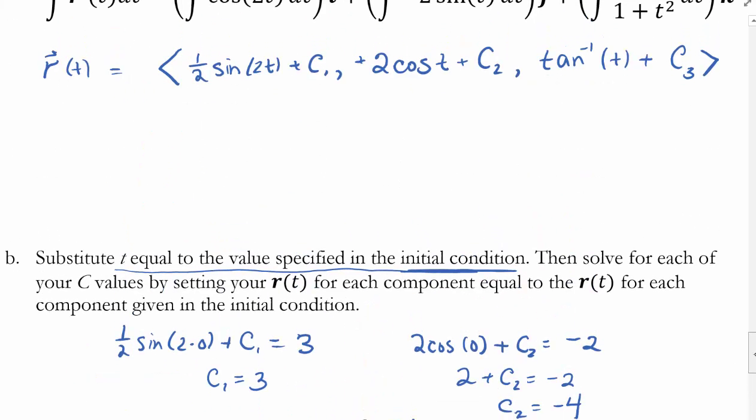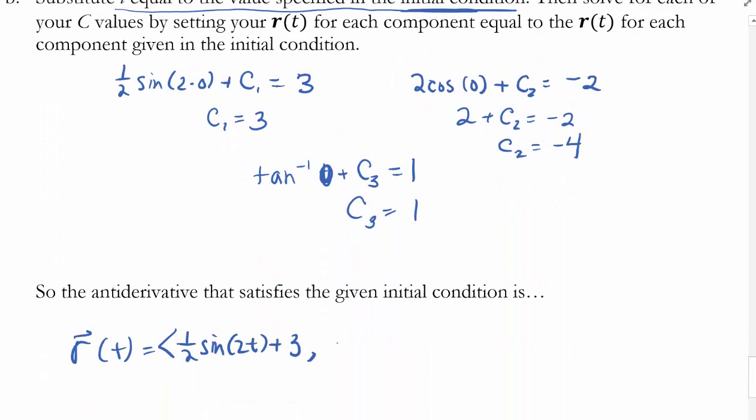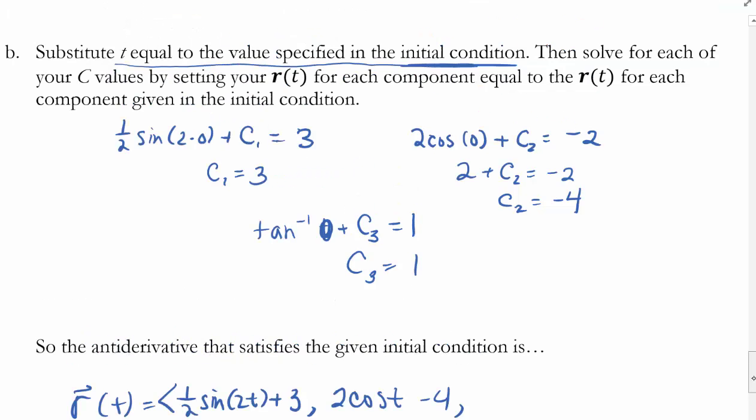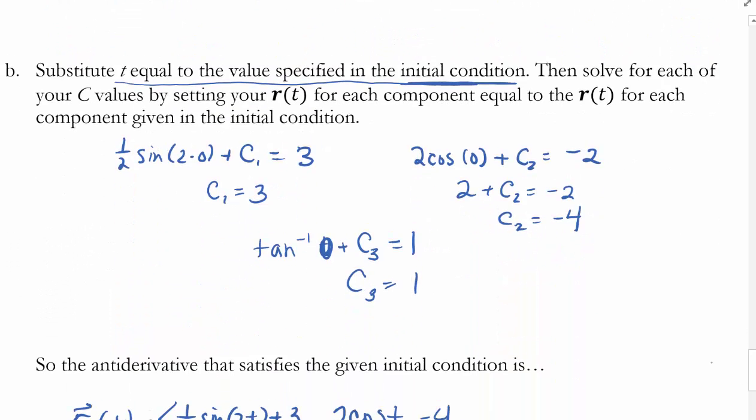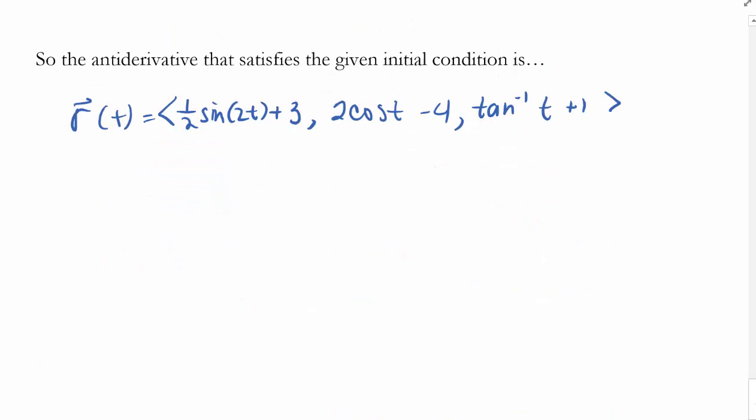And then what do I have next? 2 cosine t minus 4. And last but not least, inverse tan of t plus 1. And that's your antiderivative using the initial conditions.